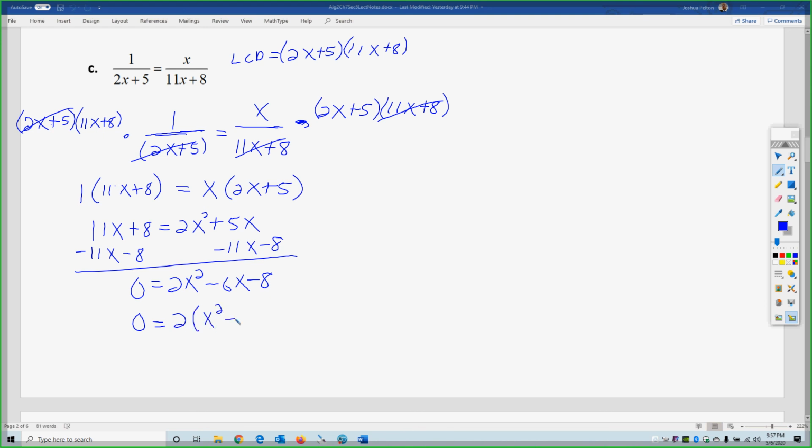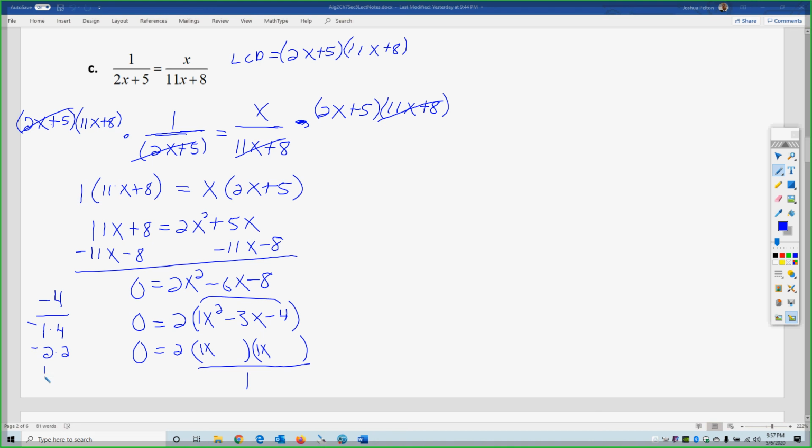So I get x squared minus 3x minus 4. So that's really a 1 right there. All right, so 1x over 1. So 1 times negative 4 gives me negative 4, which is 1 times 4 or 2 times 2.